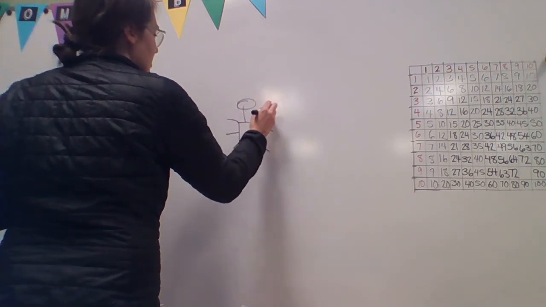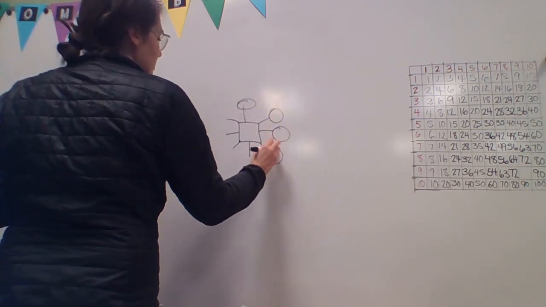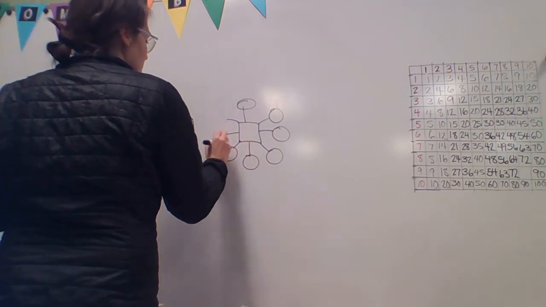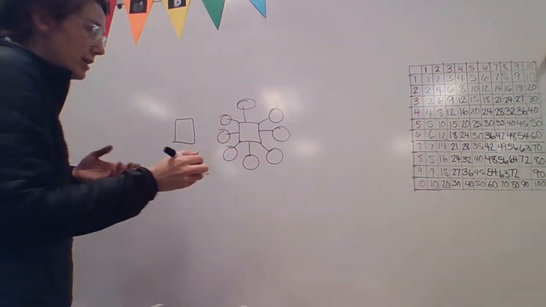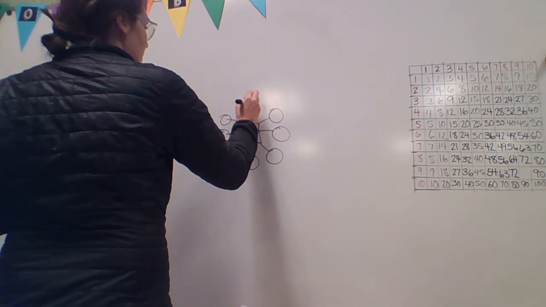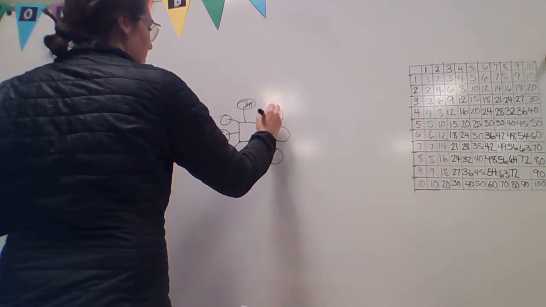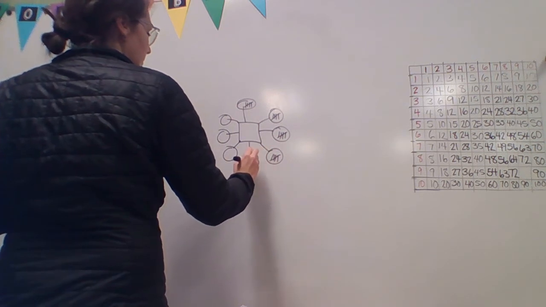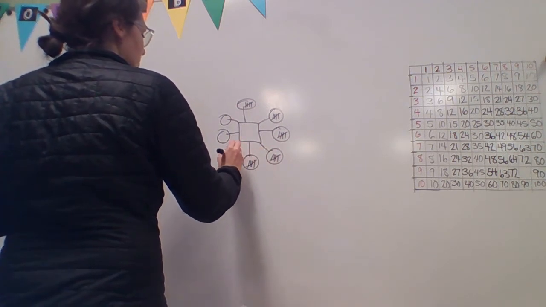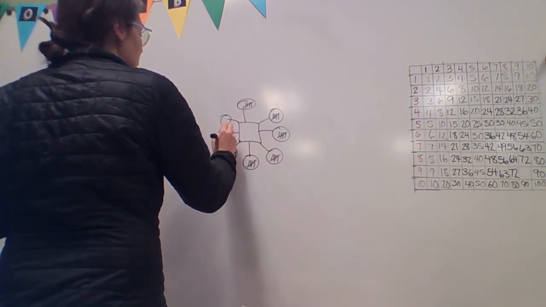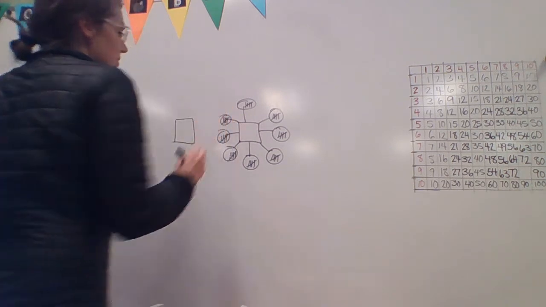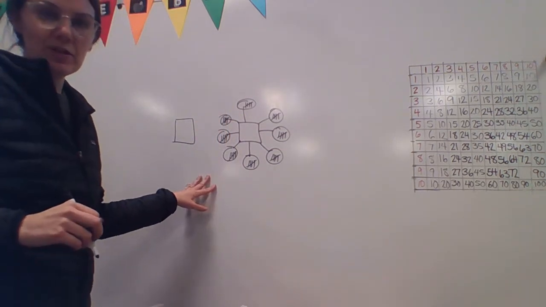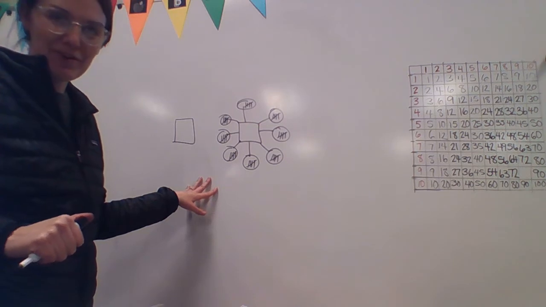Each box, 8 bunches. Each bunch, 5 bananas. You can see why it's important to have simple math drawings, because even your simple math drawings can get confusing.